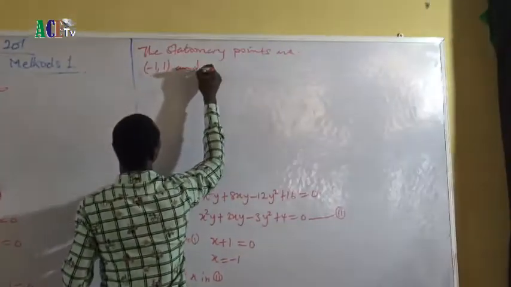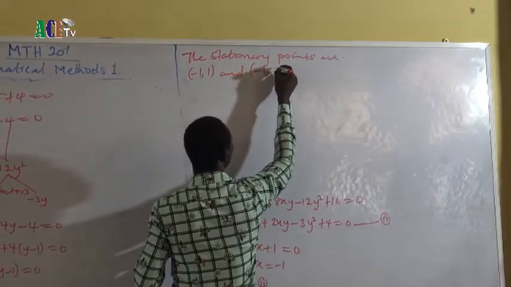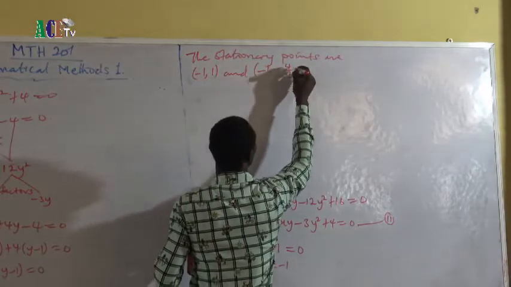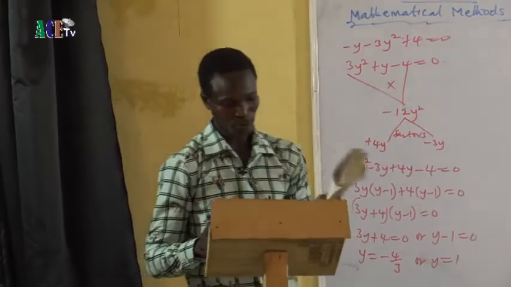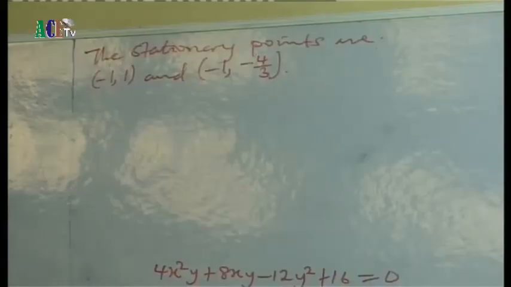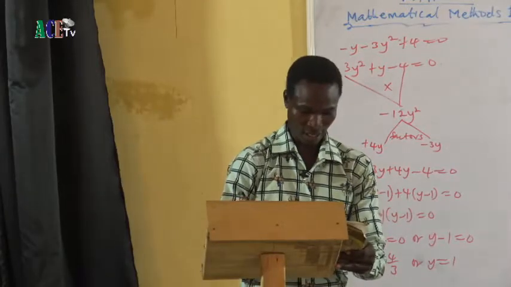And when my x is -1, my y can be -4/3. And that is the solution to that problem. So that is the stationary point.